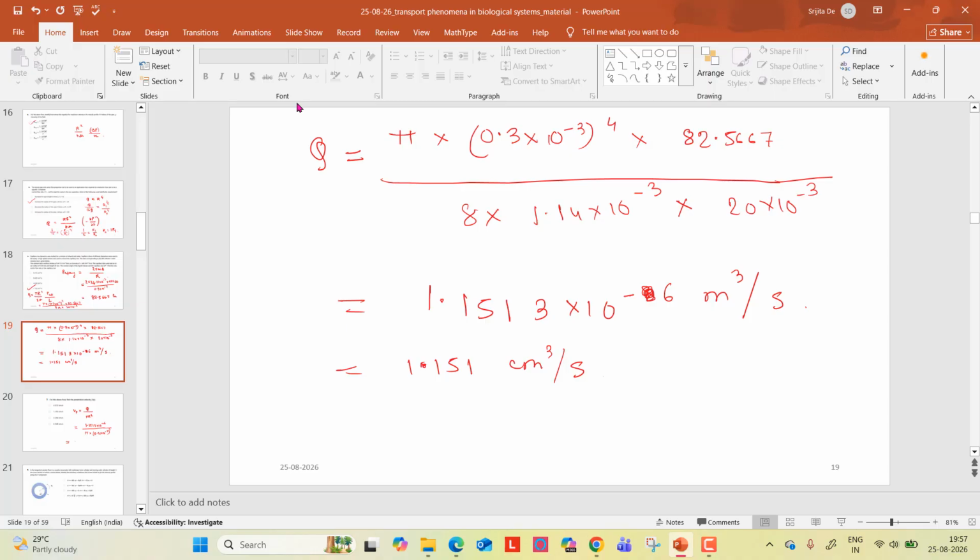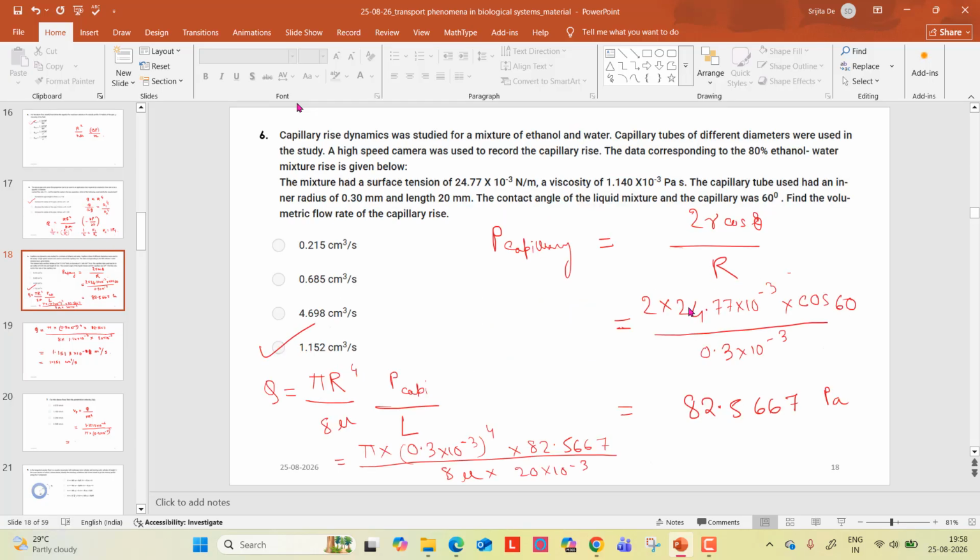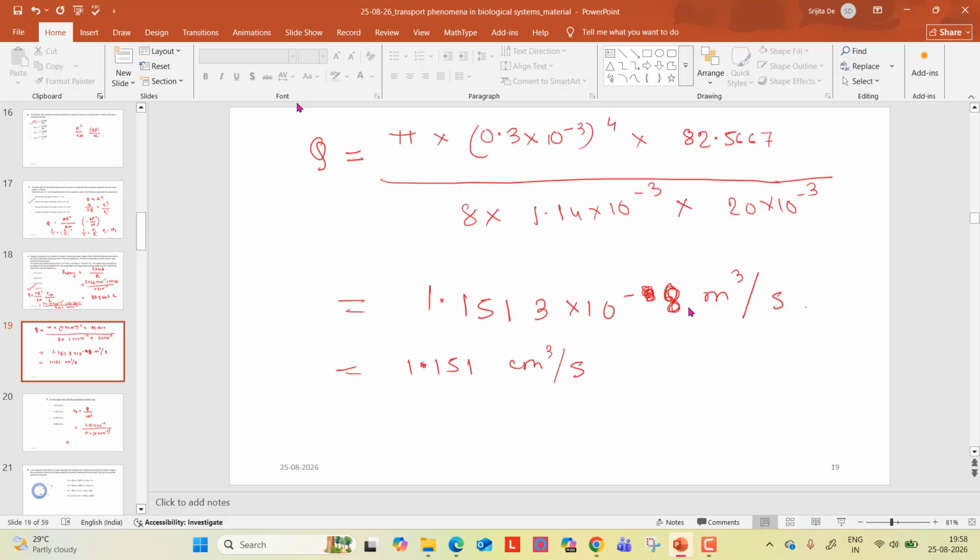I don't know. So I think it should be 8. I think it should be 8, and if you want to match with the equation, I don't know what to do, because it is not coming as simple as that.